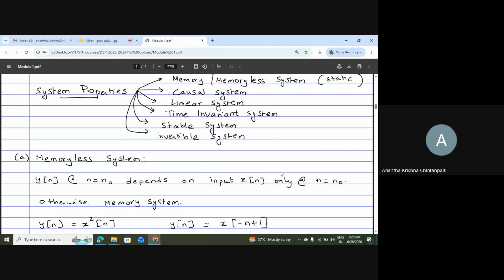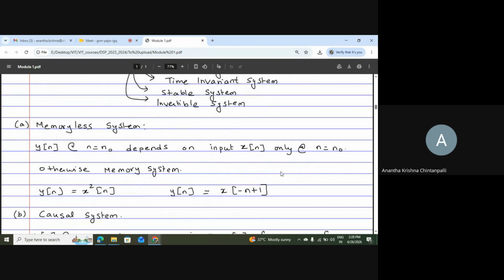Otherwise, we call it a memory system. So the best way to do this is just substitute the value of n. At n is equal to 0, this is x square of 0. So n naught is equal to 0. Correct? So this is nothing but a memoryless system. But this is a memory system. Why?